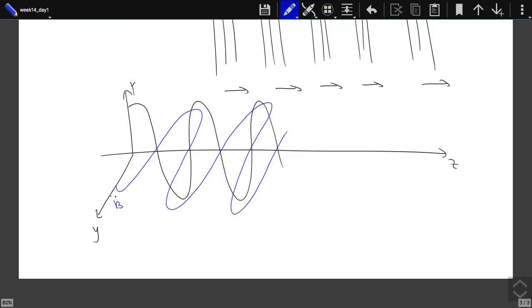So this is B. This is E. They are just crossed like this, and they're just moving. Yes. But actually, nothing is going right? It is just alternating. Well, I mean, in the sense of a matter moving to the right, the electric field is not a matter.